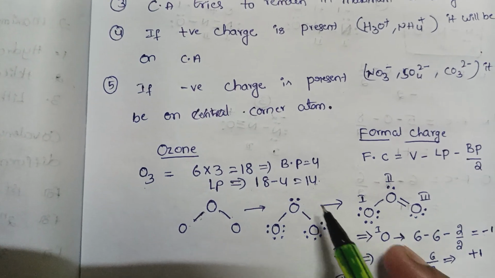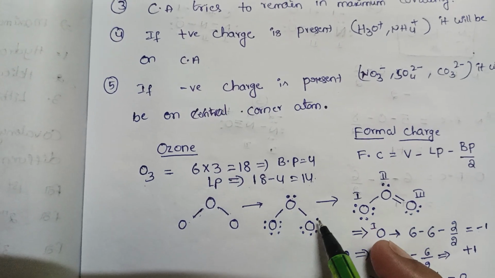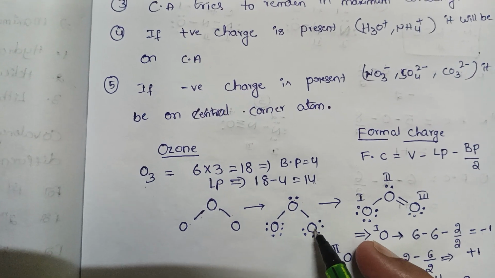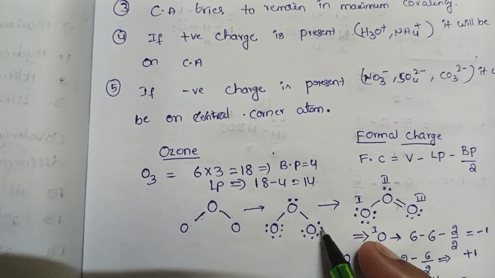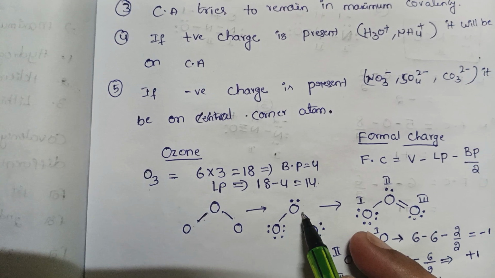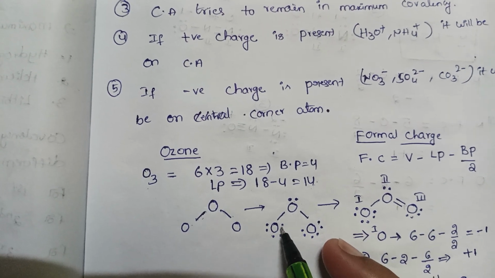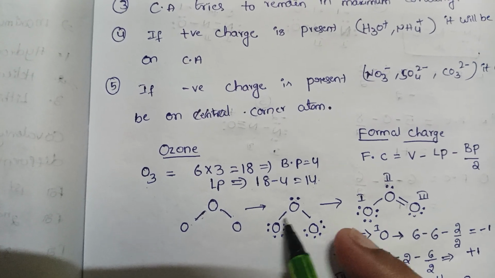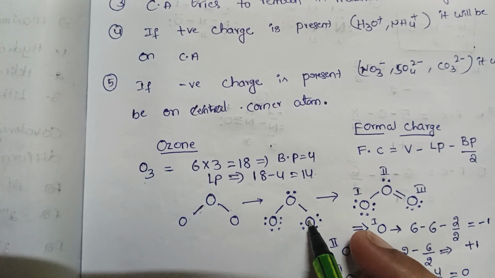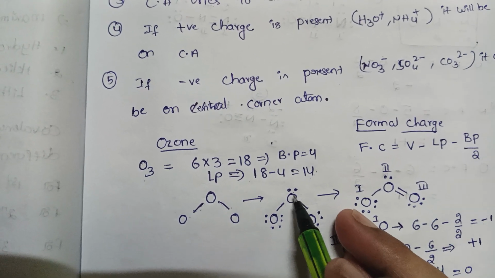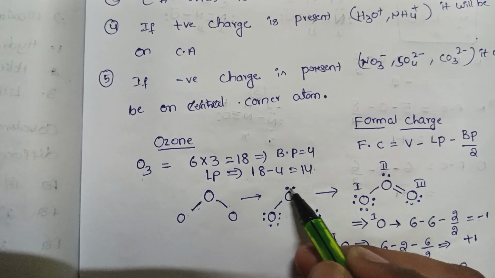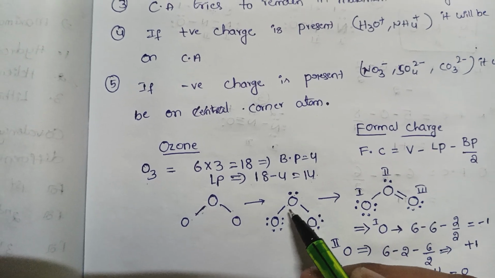How many electrons did we use? 14. Now, for the corner atoms, 1, 2, 3, 4, 5, 6, 7, 8, so the corner atoms satisfy the octet rule. If we come to the middle atom, 1, 2, 3, 4, 5, 6.